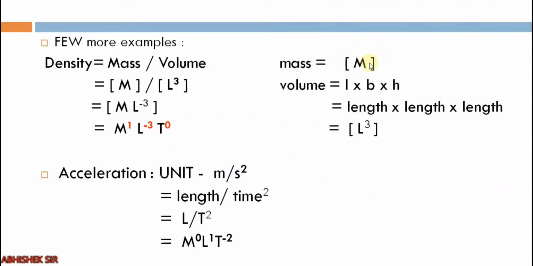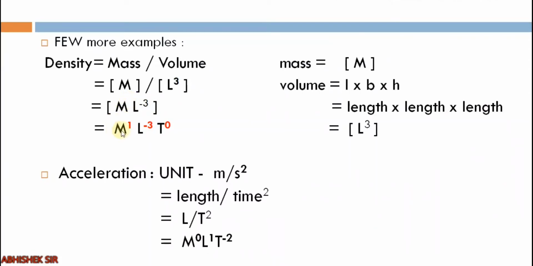Now let us replace these two in the original formula. So density equals mass upon volume. In terms of dimensional formula, mass is written as m and volume is written as L cube. So it is m upon L cube. Now when we convert them into a single ratio, L cube comes to the numerator and becomes minus 3. So ultimately it is m L raised to minus 3. Don't forget that m raised to nothing will be m raised to 1.